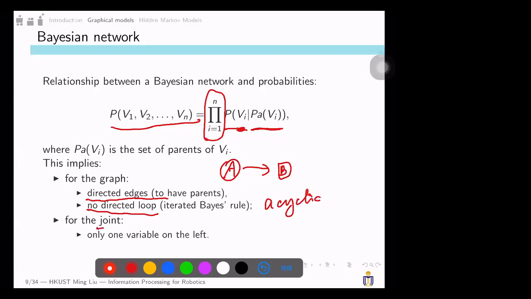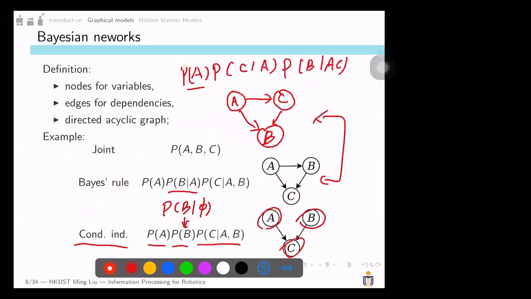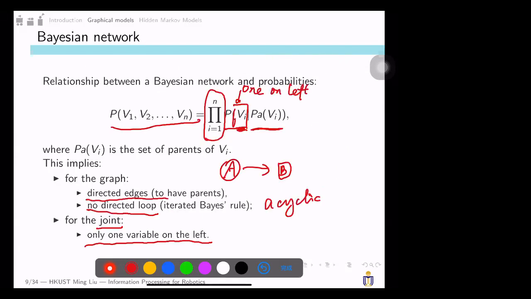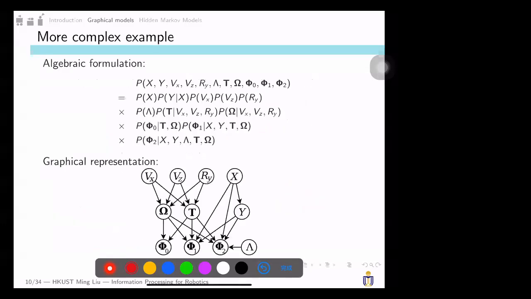For the joint distribution, you only have one variable on the left every time. Then you can translate a graph to a joint distribution. And this translation is also feasible.